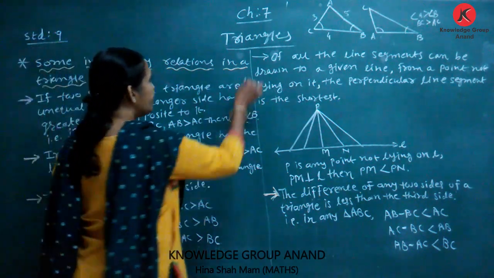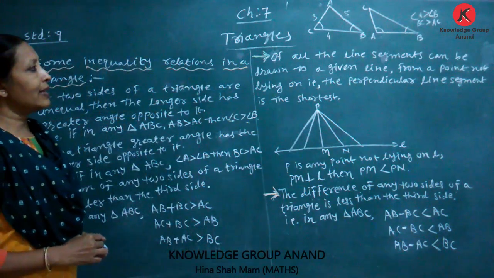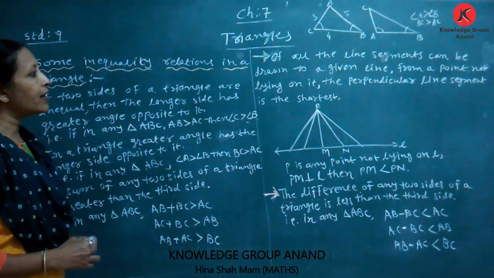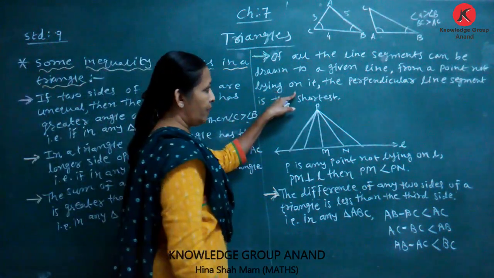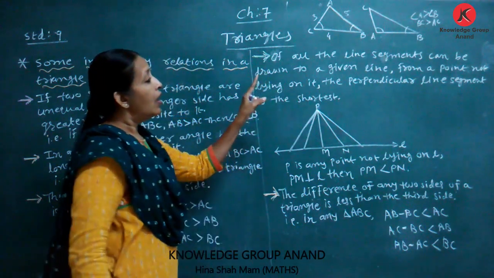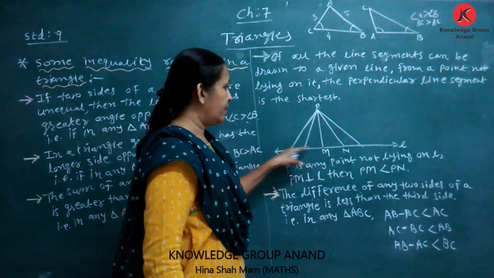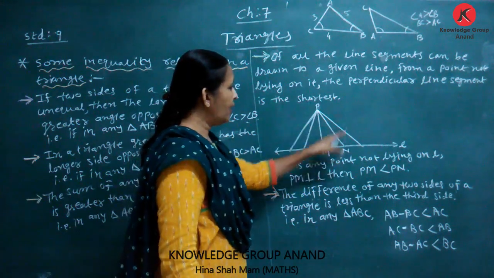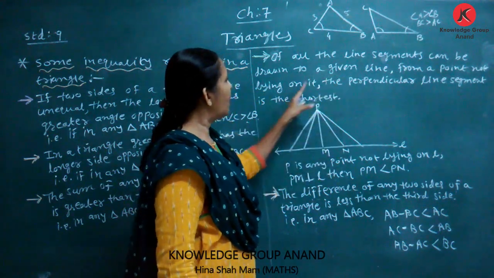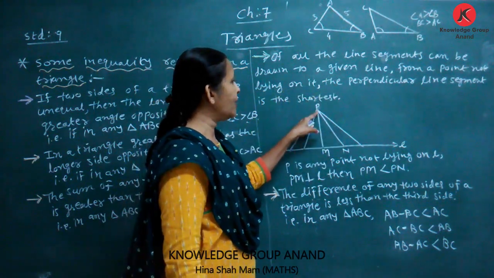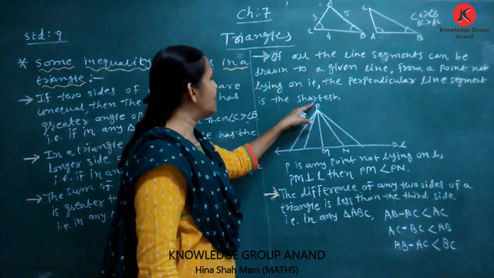Number 5. Of all the line segments that can be drawn to a given line from a point not lying on it, the perpendicular line segment is the shortest.